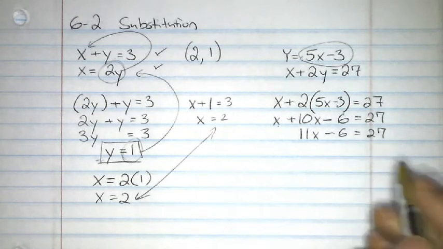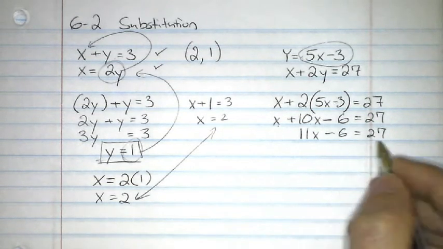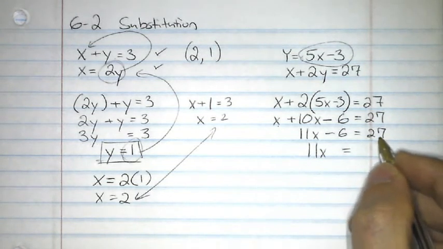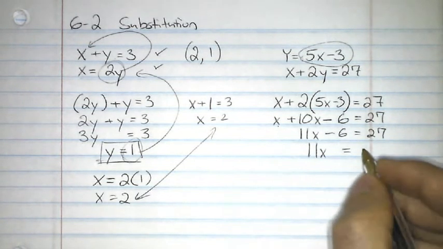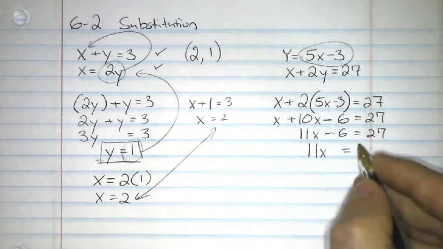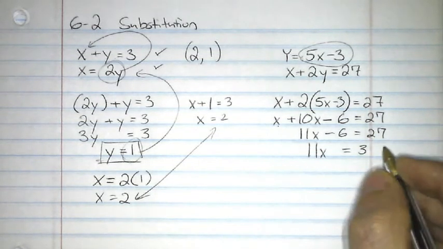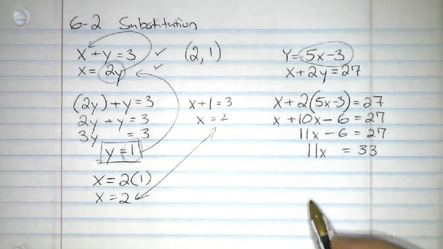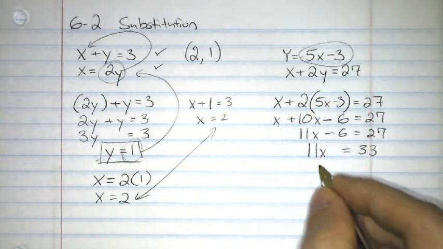To get rid of this minus 6, the opposite is plus 6. So if I do that on both sides, I end up with 11x equals, and 27 plus 6 is going to be 33. And now I can divide both sides by 11, and when I do that, I end up with x equals 3.